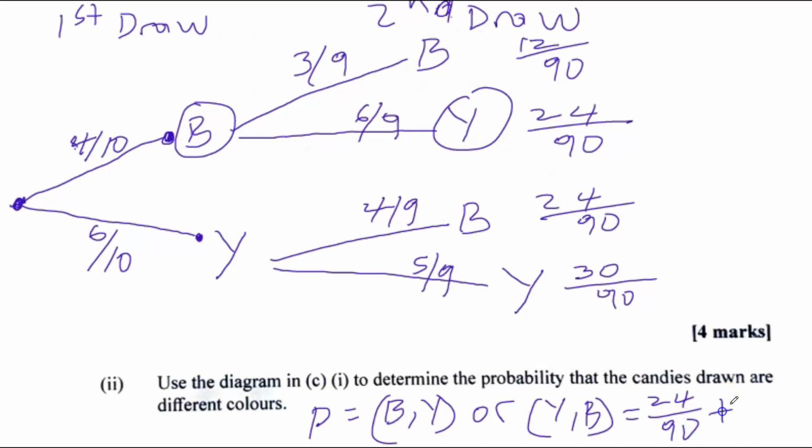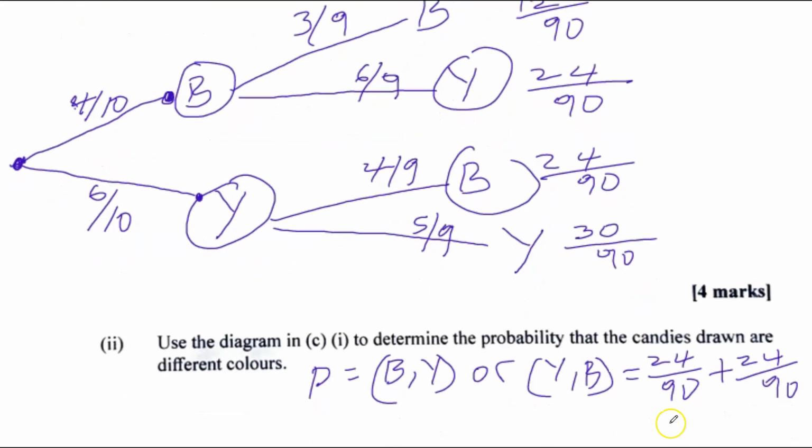Plus, the first was yellow, and the second was blue, again, that's 24 out of 90. Which is 48 over 90. And that will simplify to, if I divide both by 6, 8 over 15, or any answer that's equivalent.